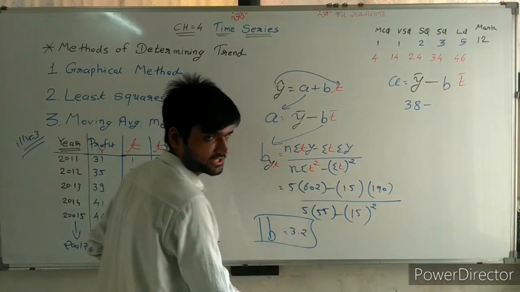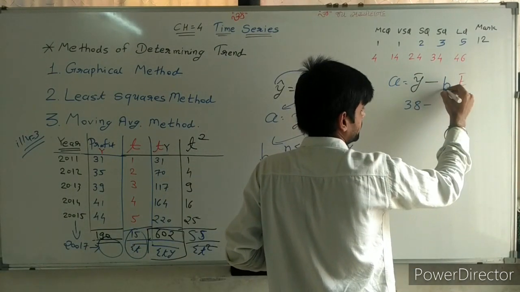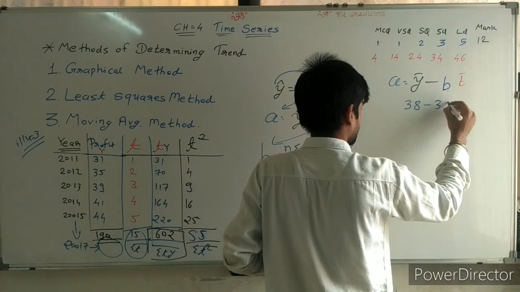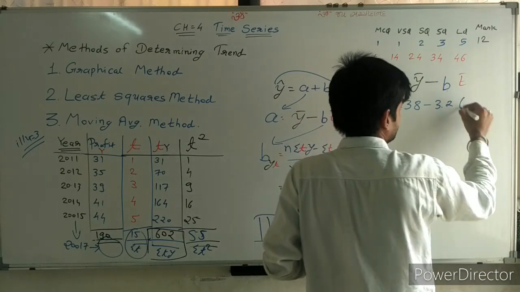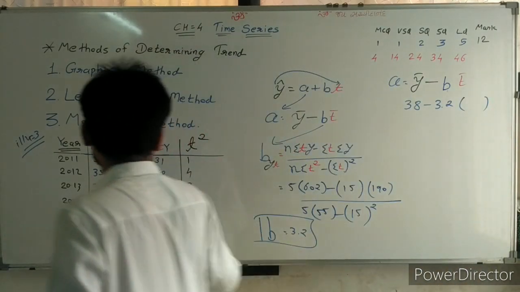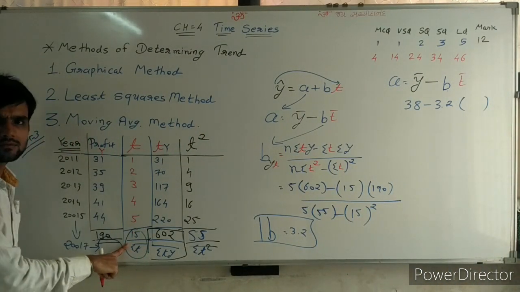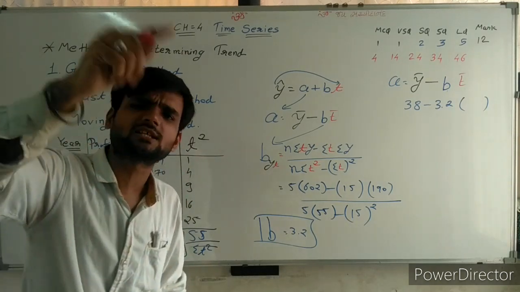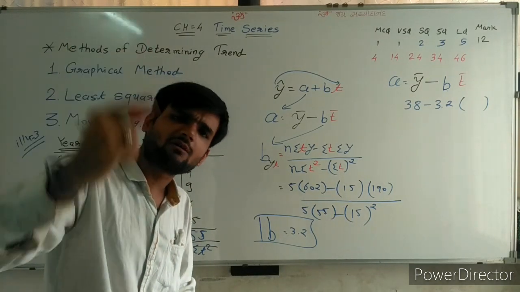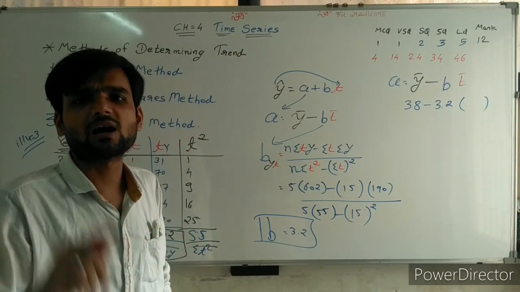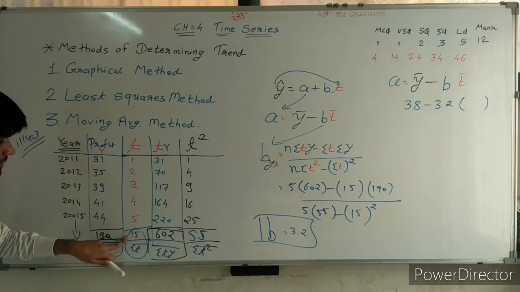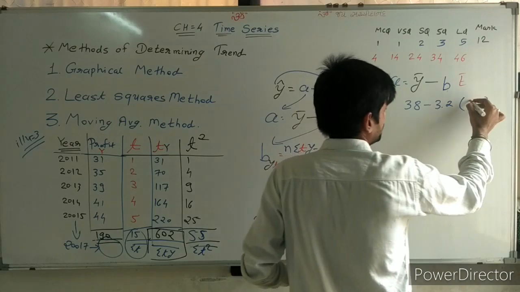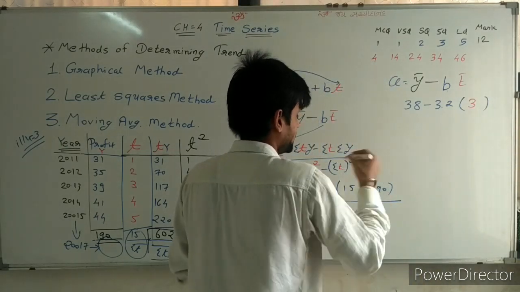B we have found here, 3.2 t bar. Total of t, sigma t upon n. If we need to find x bar, then sigma x upon n. Y bar, then sigma y upon n. T bar, then sigma t upon n. So sigma t is 15 upon 5, 3. So t bar is equal to 3.